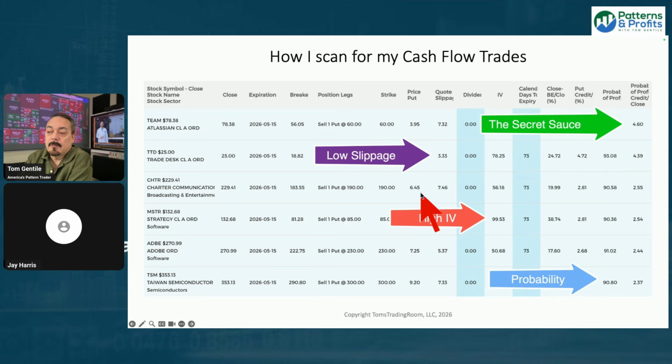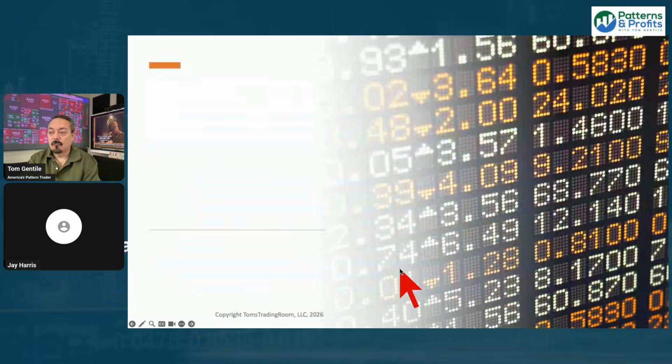But I look for low slippage, I look for high IV, and I look for probability. Low slippage is going to be below 10%. High IV is going to be a number above their range, and that's what's going to show up on this scan. Probability is going to be greater than 90. All of that together is where we find our short put trades.